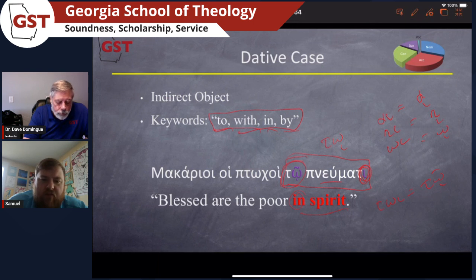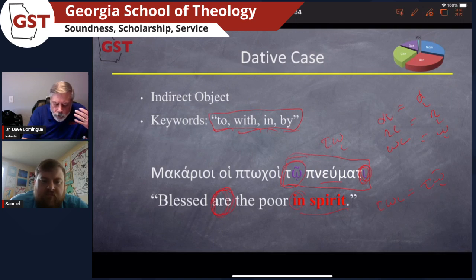It's the same way with that word "are" there. It's just how it fits into the English. Well, yes and no. This is called a verbless clause, a verbless sentence. Basically, a verb is implied in Greek. We haven't gotten to the verbs yet.